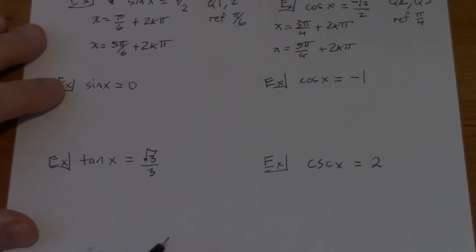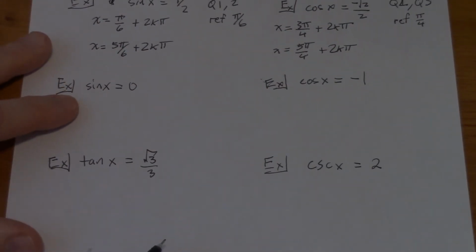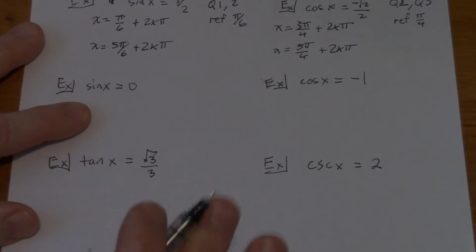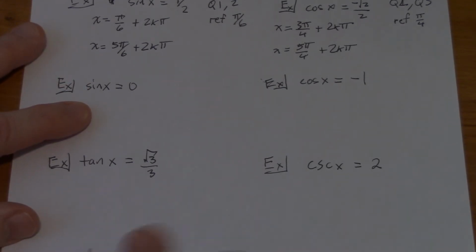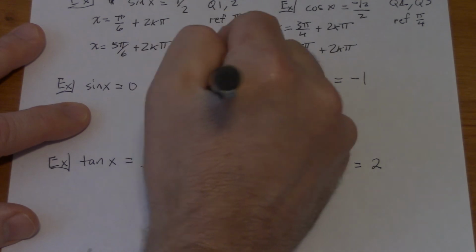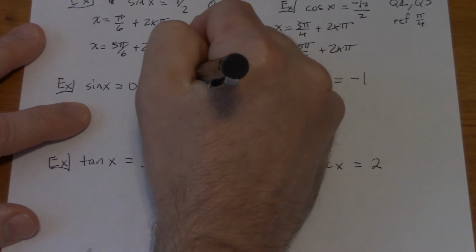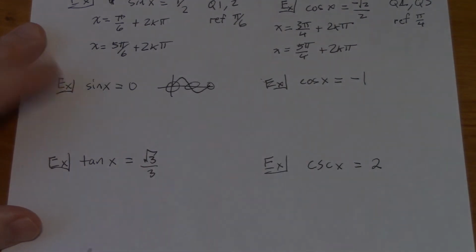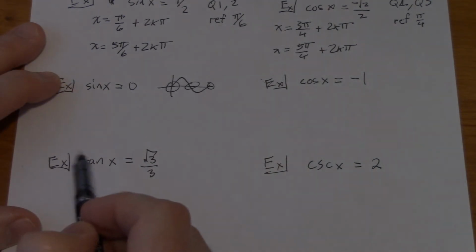When you have sine or cosine equal to 0, you end up with sort of a special answer. So it turns out that the zeros of sine and the zeros of cosine, because these guys are periodic, are evenly spaced out. So if I just think about the graph of sine, got one there, one there, one there. Those are equally spaced out. Those are all pi apart.